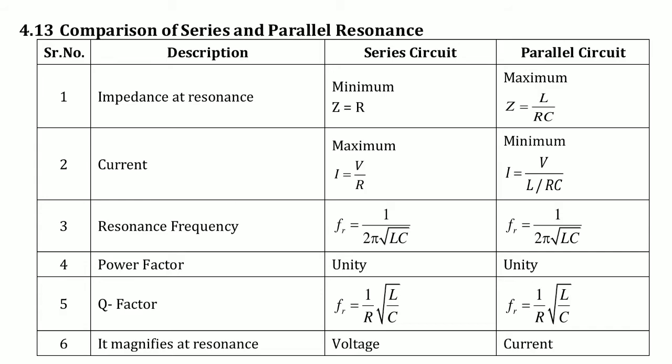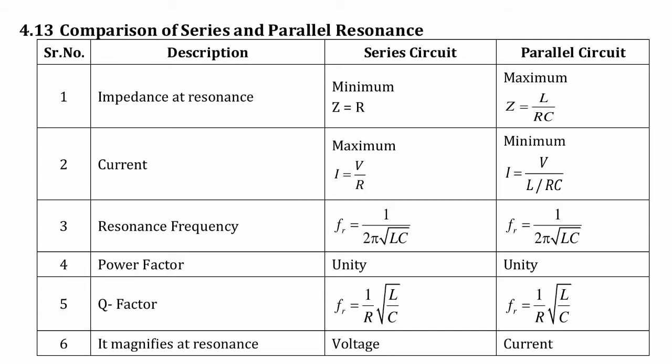So we get the minimum impedance, that is Z is equal to R. In general, Z is equal to under root of R square plus XL minus XC whole square. But XL and XC are the same, so they cancel each other and we get Z is equal to R. In a series circuit, Z is equal to R.